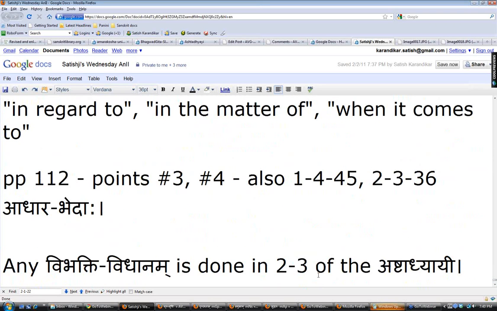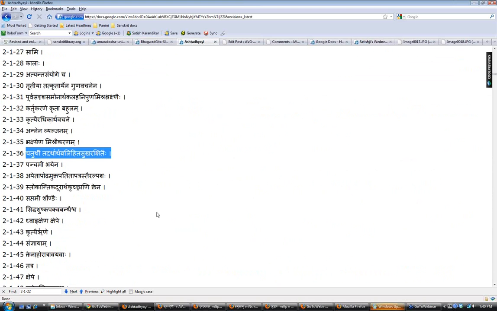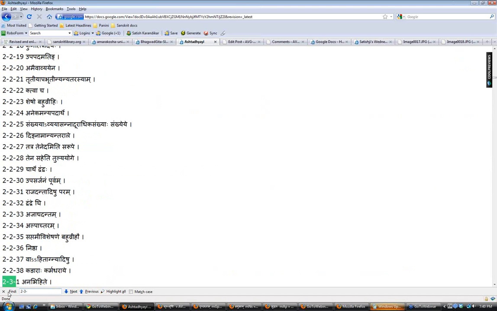You can have a lot of fun. You can take every sentence in the language. Every sentence has some Vibhakti. Of course, many of them, a very large percentage, will go under one or a few sutras only. For example, the Prathama Vibhakti, there's only really one main sutram for that, which is in 2.3 only. So you'll have a large number of cases for the Prathama Vibhakti going under this one.